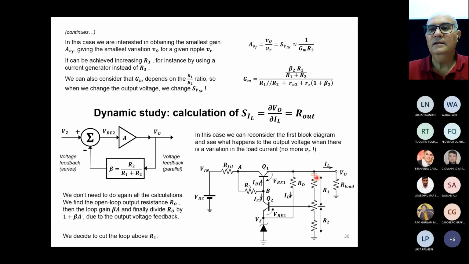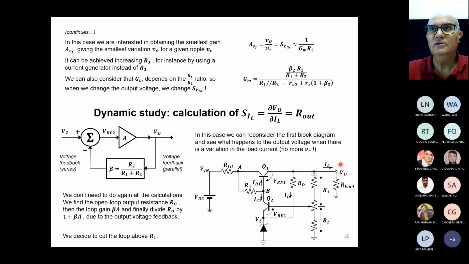And at the same time, the output voltage is not going to change if I close or open the system, simply because those high resistances are not loading too much the output of transistor Q1. Q1 is a transistor connected as a common emitter. So the output dynamic resistance of transistor Q1 seen by the emitter is very low.